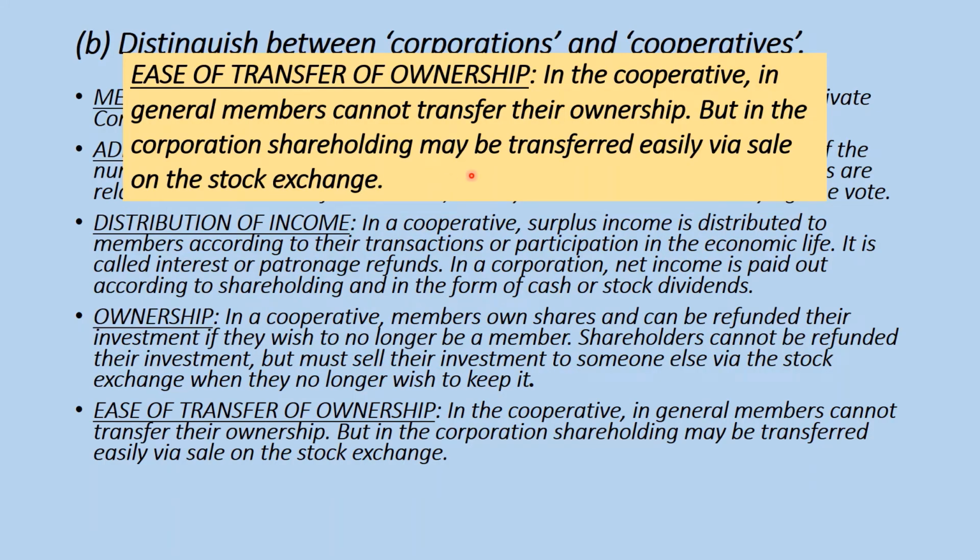You cannot say who you are going to transfer it to in the case of a corporation. You merely go to the stock exchange and you sell it. In some cooperatives, members are allowed to transfer their ownership to their children or members of their family. But in general, they cannot transfer their ownership to another person.